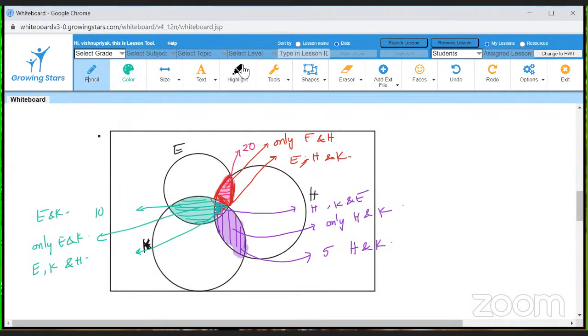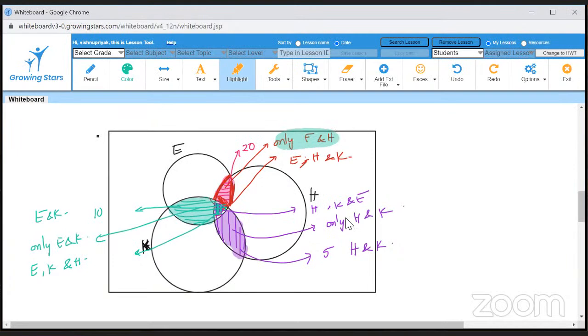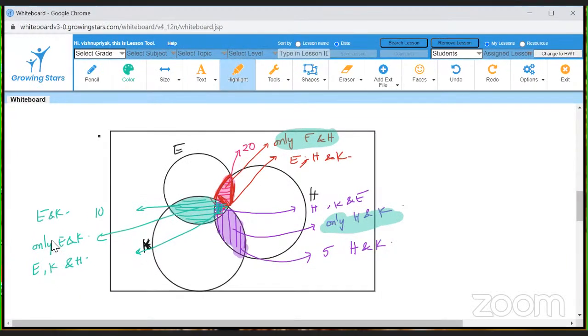Now, suppose in the question they ask you, I want only English and Hindi, only Hindi and Kannada, only English and Kannada people. Only 2 languages they should speak, not 3 languages.